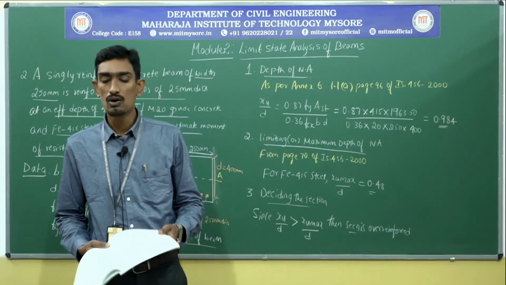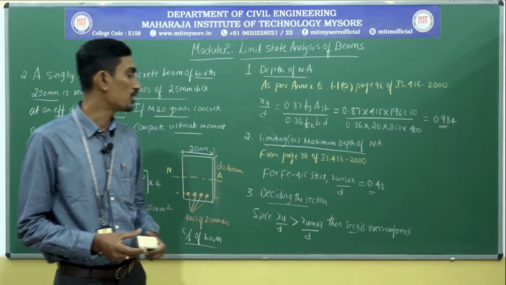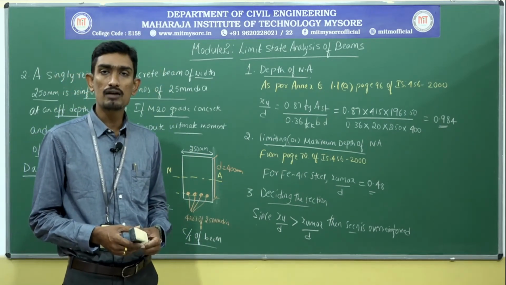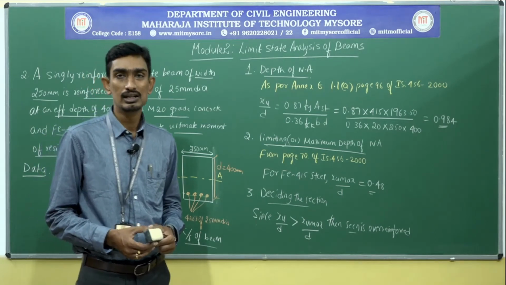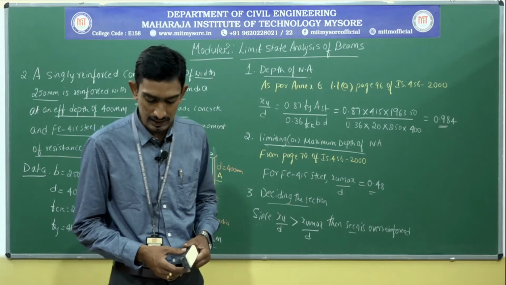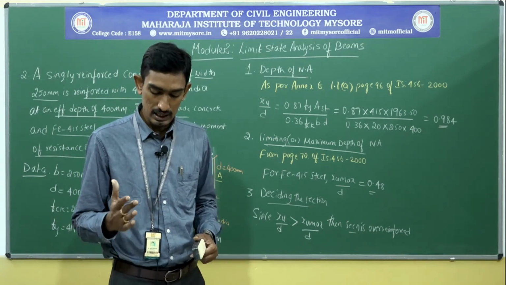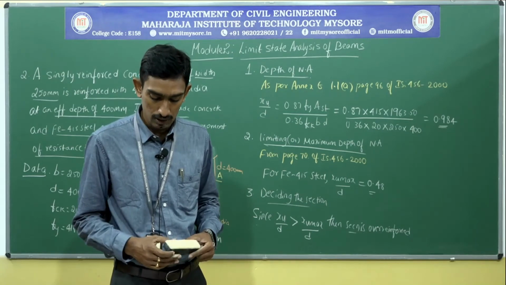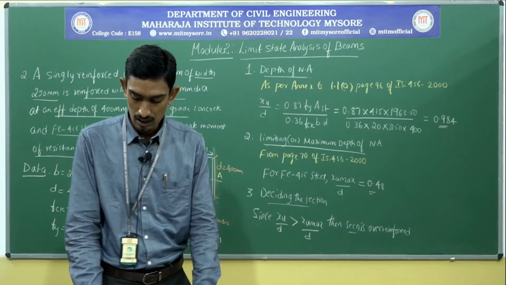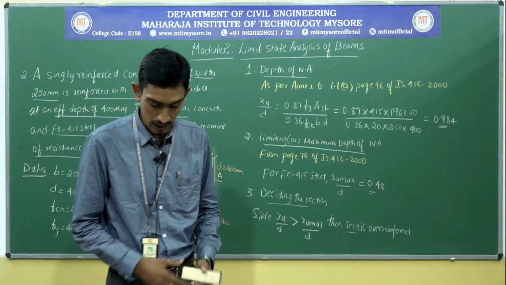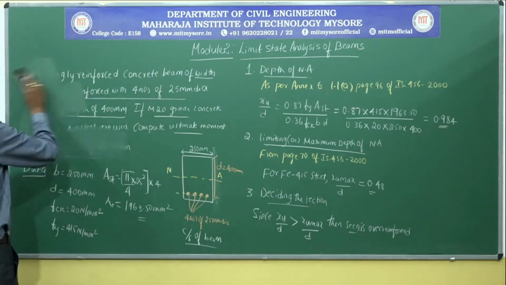Now since it is an over reinforced section, the formula will change to annex G1.1c. You can see it clearly mentioned: if the value of XU by D is equal to or more than the limiting value, the moment of resistance of a section is given by the following formula. So let us write down that formula.